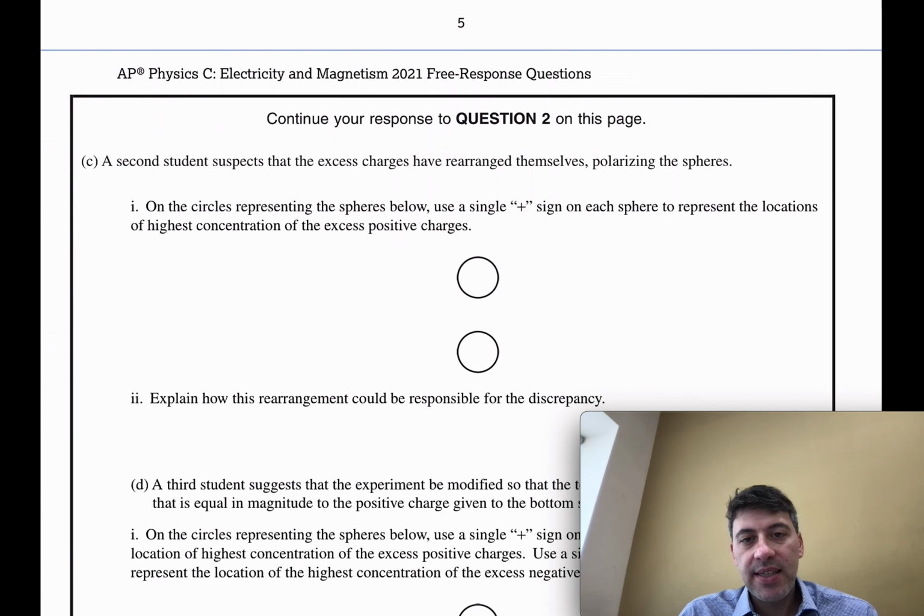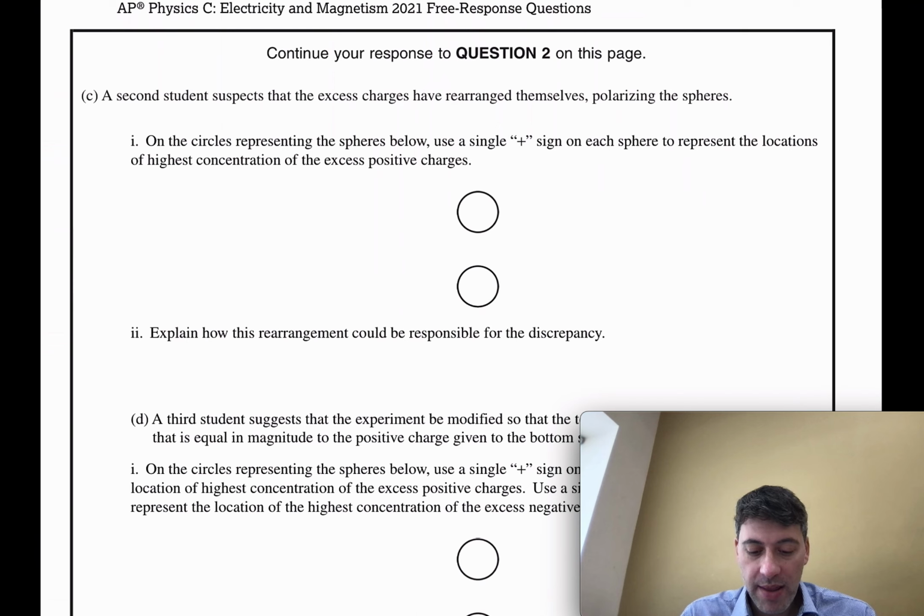Now, since we have conducting spheres, the positive charge tends to repel on the two spheres. So the charge is not located at the center of the spheres, but since it tends to repel, there will be more charge on the top part of the top sphere and more charge on the bottom part of the bottom sphere.